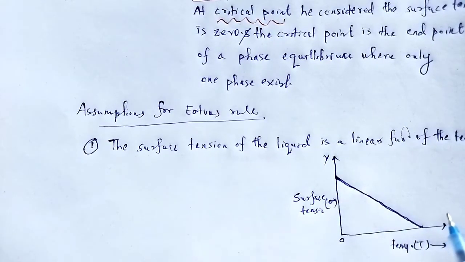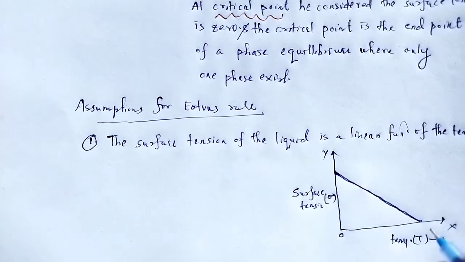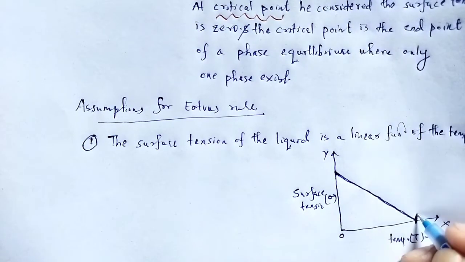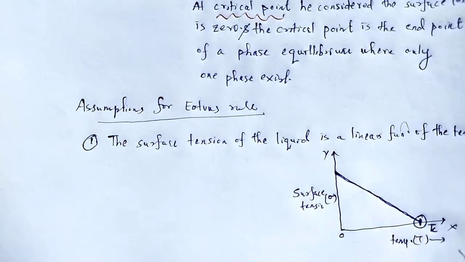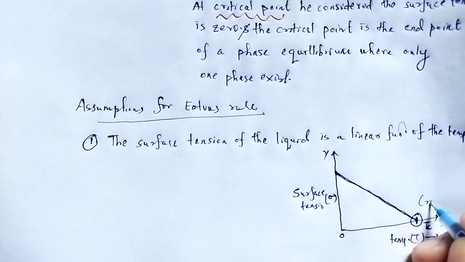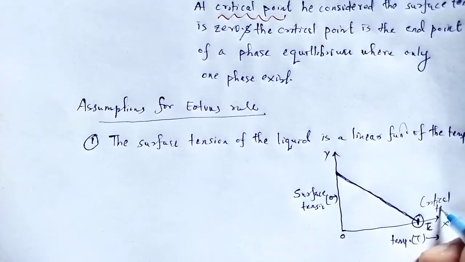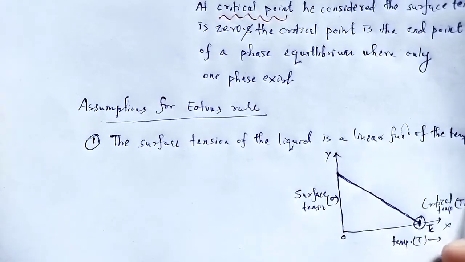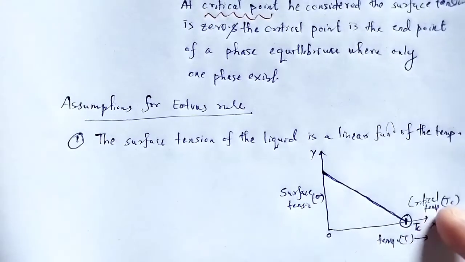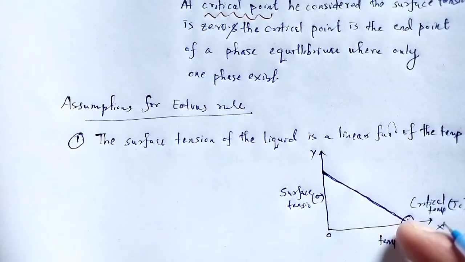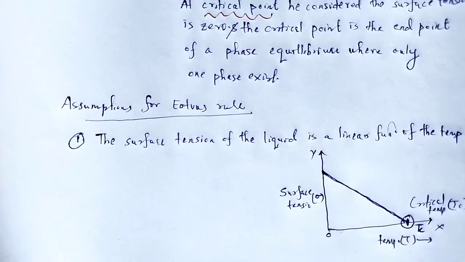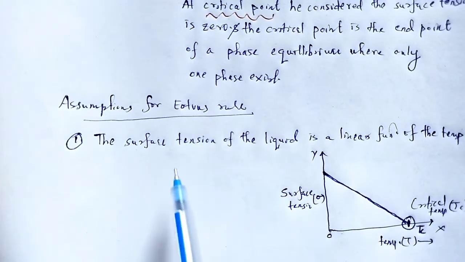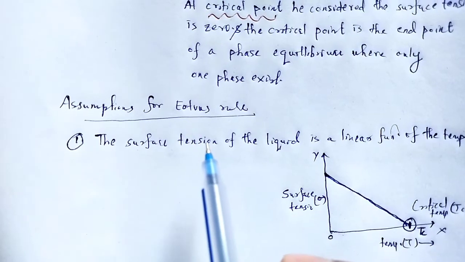It also shows that at a temperature known as the critical temperature Tc, the surface tension of the liquid drops to 0. That is the first assumption taken by Eotvos.